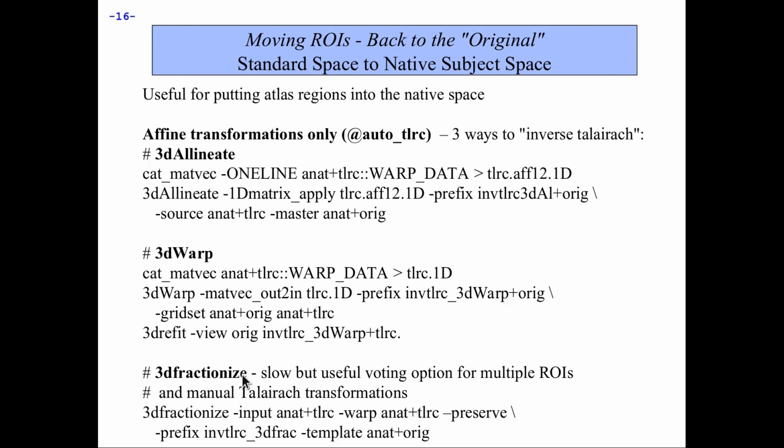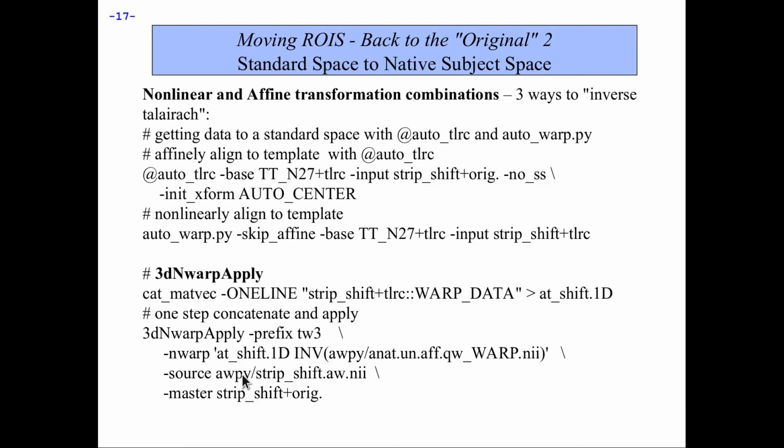I will skip over this because usually we aren't doing these with affine transformations anymore. We're usually doing this now with nonlinear transformations. So with a nonlinear transformation, this is a little bit more complicated, and in this case, we're going to combine affine transformations with a nonlinear warp, and here's how you might do that to move an ROI from the standard space into the native space.